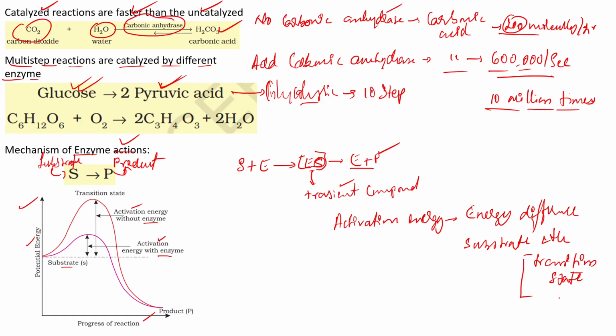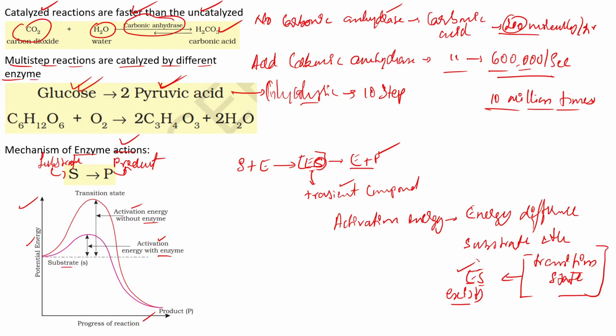Transition state is a temporary state. It is the state at which the enzyme substrate complex exists. The enzyme and substrate are both together, and that is called the enzyme substrate complex. The duration of this enzyme substrate complex is temporary. It is not observed for a long moment of time.